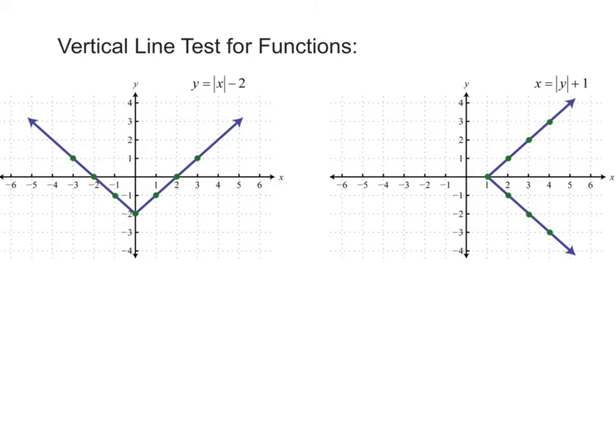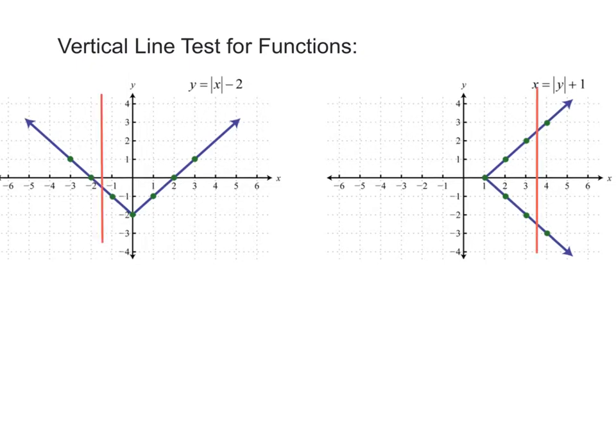Now, the vertical line test says that if I draw a vertical line and the vertical line only passes through the graph in one location, then we have a function. If, however, the vertical line passes through the graph in 2 or more locations, we do not have a function. So now, notice the two red vertical lines. The one on the left obviously only passes through the graph in one location, and we can see that right here, okay? But the one on the right passes through the graph in 2 locations.